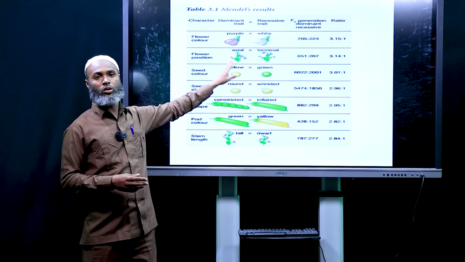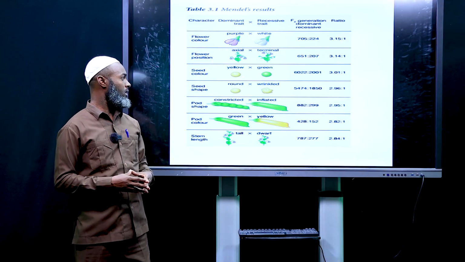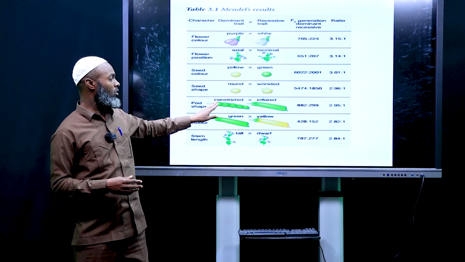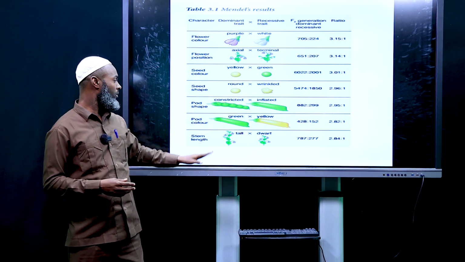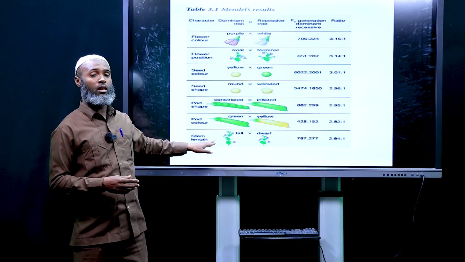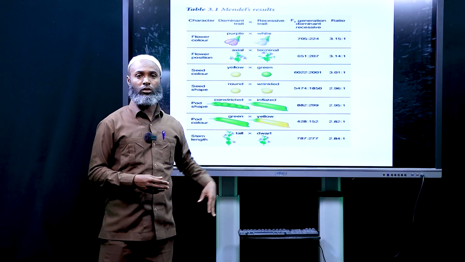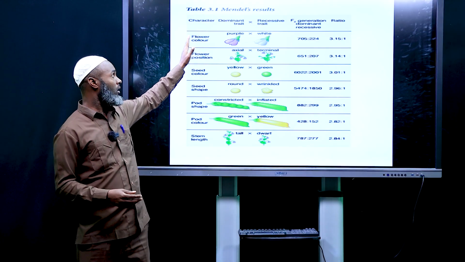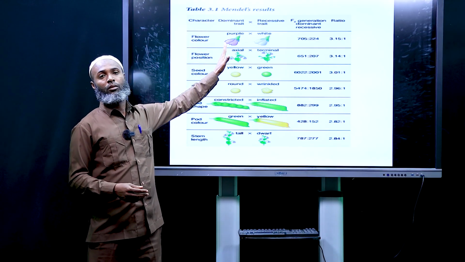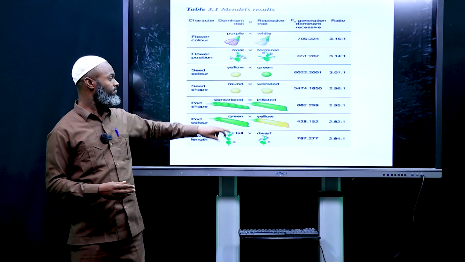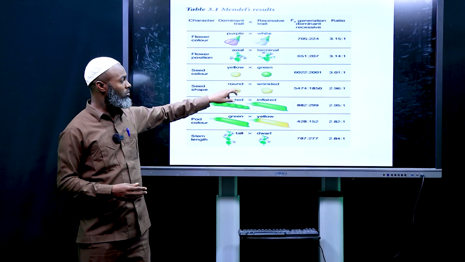Seed color, yellow was dominant and green was recessive. Seed shape, round and wrinkled. Pod shape, constricted and inflated. Pod color, green and yellow. Stem length, tall and dwarf or short. These are the 7 characters and 14 traits, and their ratio.